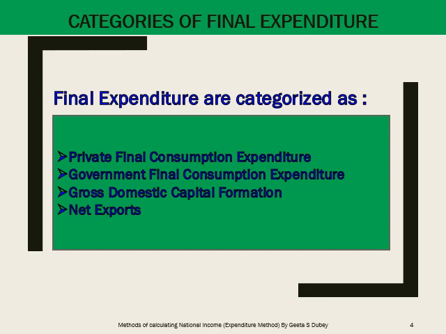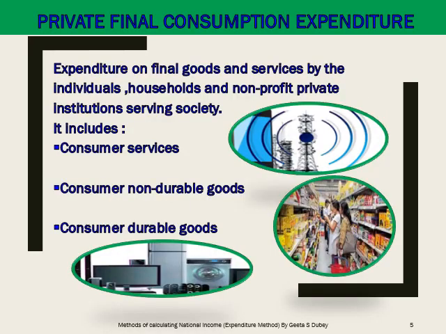They are, as you can see on screen, private final consumption expenditure, government final consumption expenditure, gross domestic capital formation and net export. Children, when we add these expenditures, what we get is the aggregate, that is gross domestic product at market price.